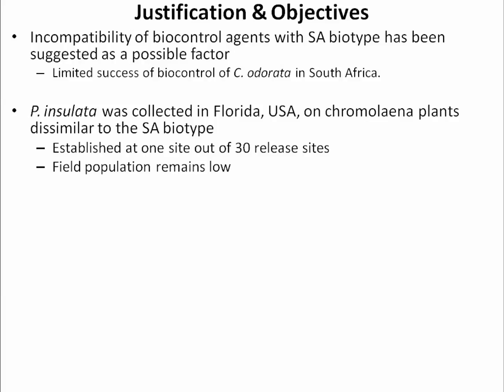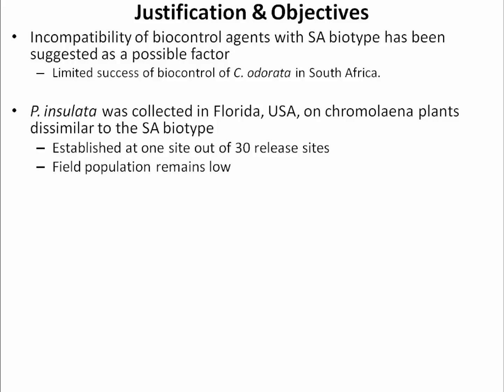Incompatibility of biological control agents with the Southern African biotype has been speculated as a possible factor responsible for the limited success of biological control of Chromolaena in South Africa.